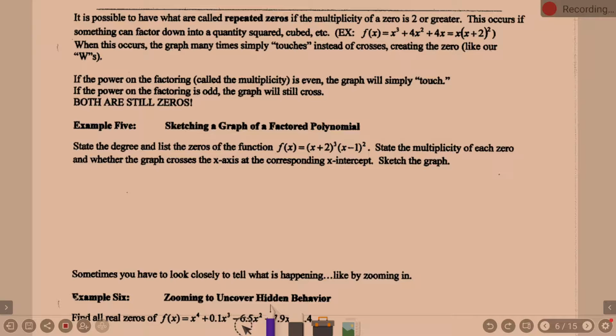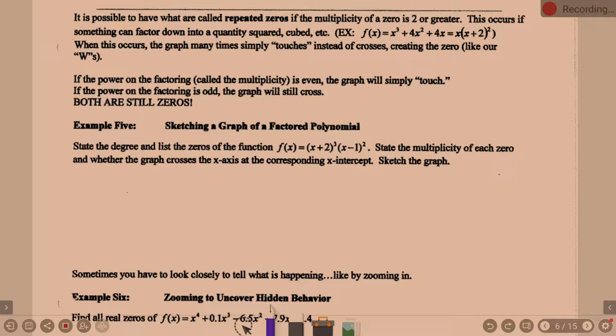Okay. So as we start looking at graphically, a little bit of information here. First of all, it is possible to have what are called repeated zeros. So repeated zeros is if the multiplicity of a zero is 2 or greater.